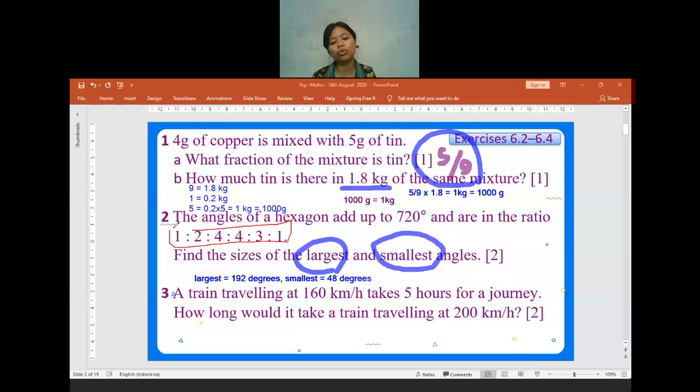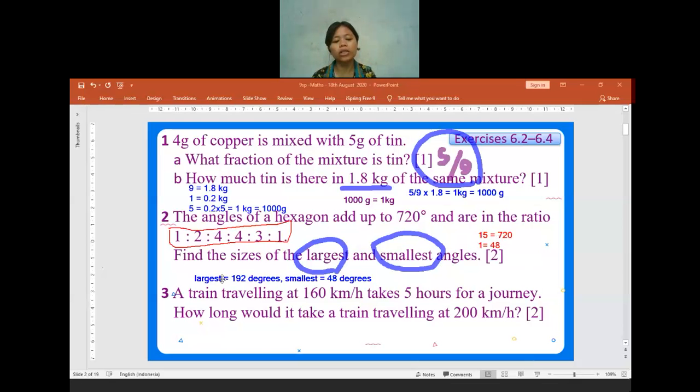So 1 plus 2 is 3, 3 plus 4 is 7, 11, 14, 15. So we already have the total. The total is 15. 15 is equal to 720. So you can find 1 part, which is equal to 48. You divide 720 by 15, and the answer will be 48.